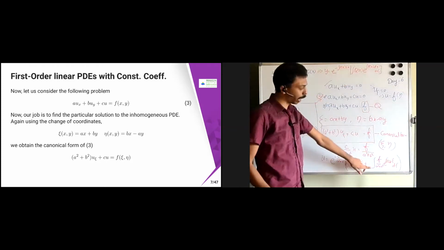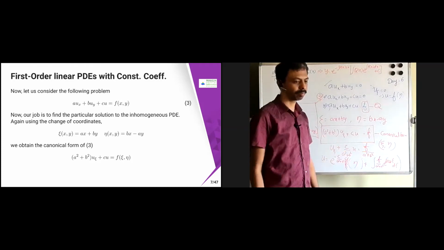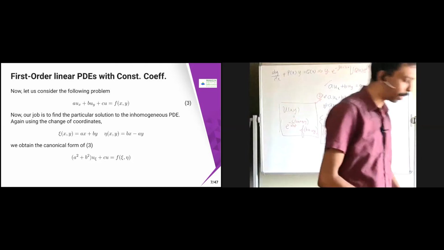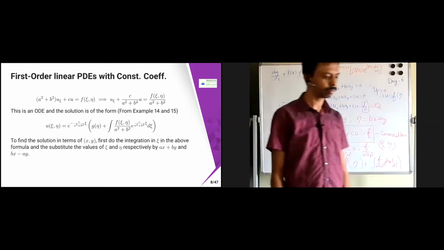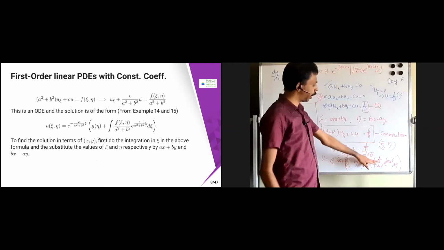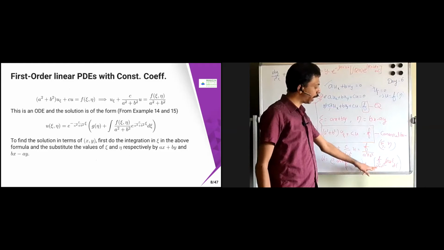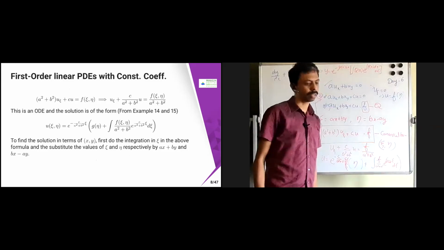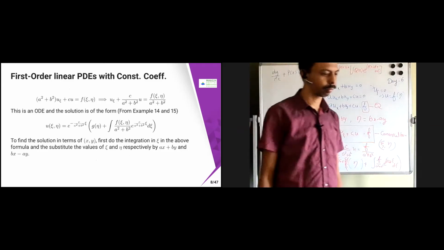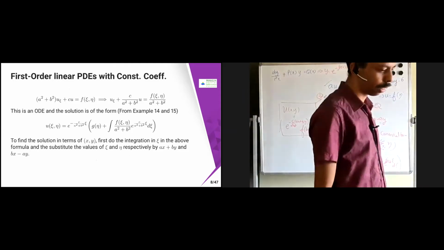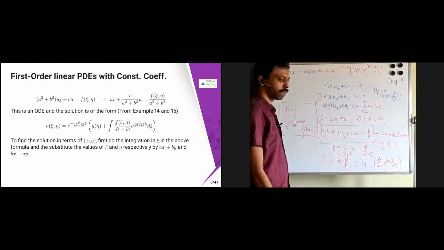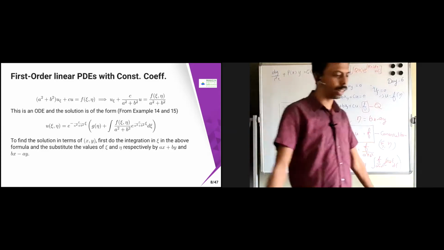Now I added that term here. Not much complicated. So f of chi comma eta will be that divided by a square plus b square. Everything is there. So we didn't make anything complicated.